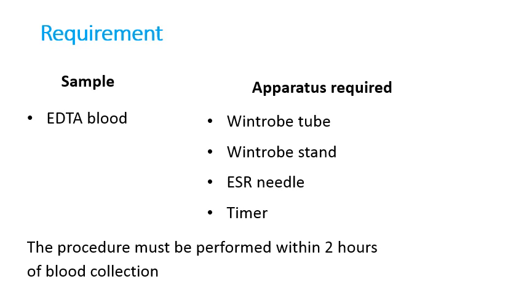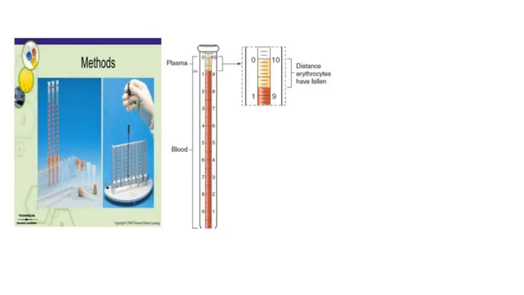And it's important the procedure must be performed within 2 hours of blood collection, right? So if the blood is at room temperature, you should do the ESR within 2 hours of blood collection. So this is the Westergren tube and this is the Westergren stand, and then you insert the blood and keep for 1 hour and then get the reading, this reading, and it should be exactly vertical.